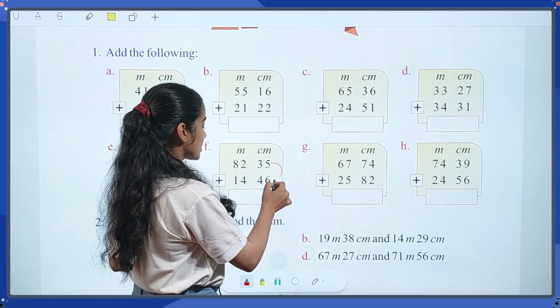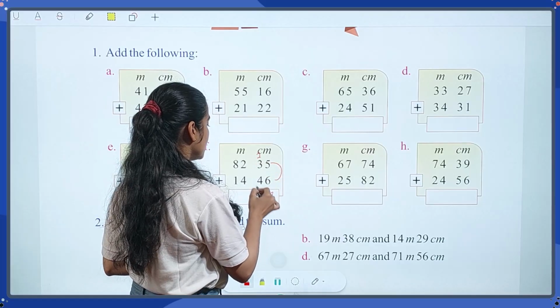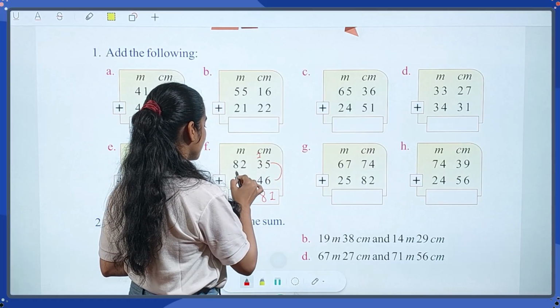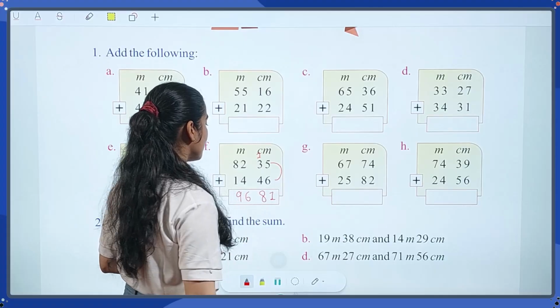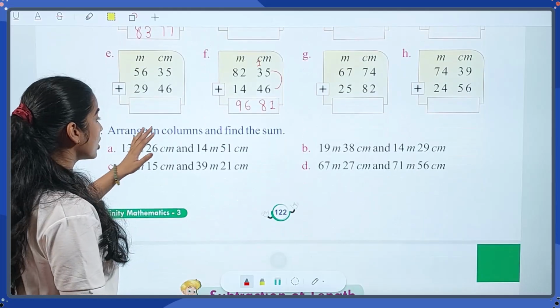Next, 5 plus 6 is 11, 3 plus 4 is 7, 2 plus 4 is 6, 8 plus 1 is 9. So in total you have 96 meters 81 centimeters. Arrange in column and find the sum.